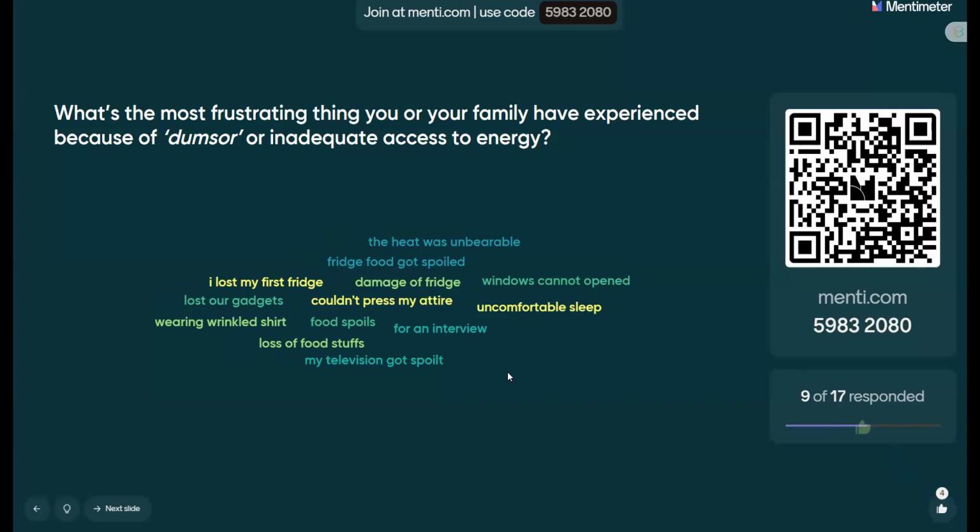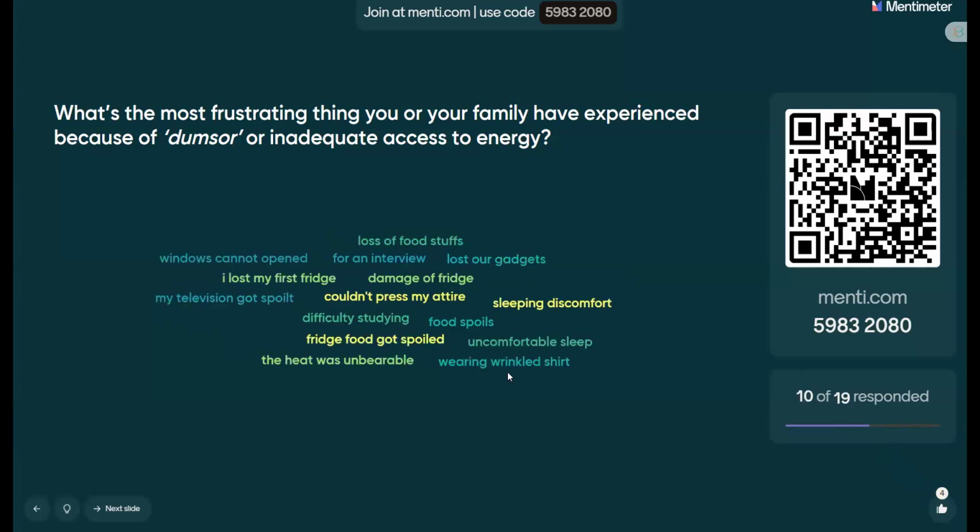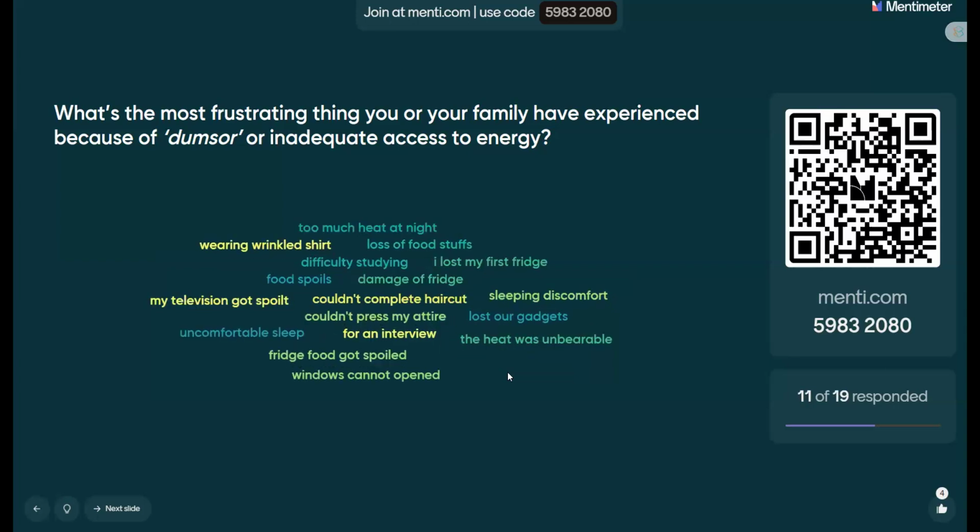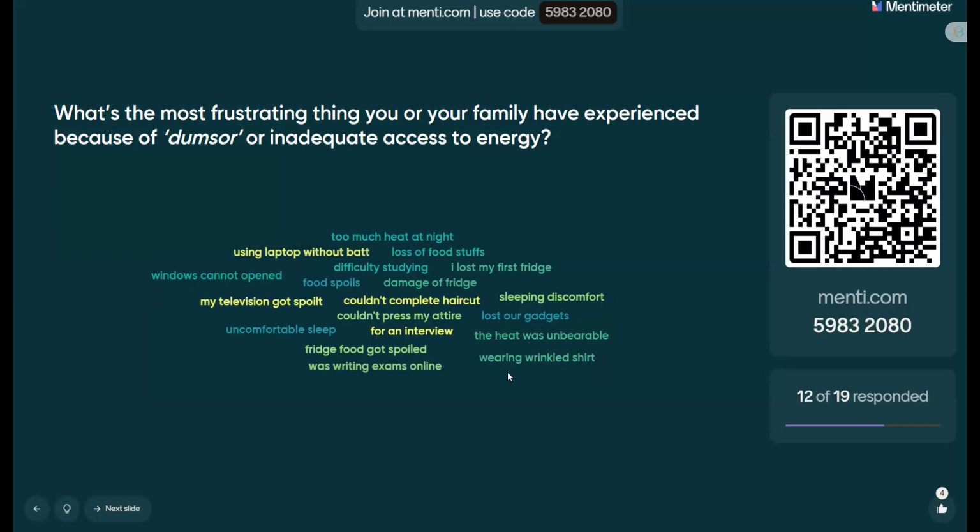The heat was unbearable. Fridge. Windows. Using my laptop without battery. That's something.